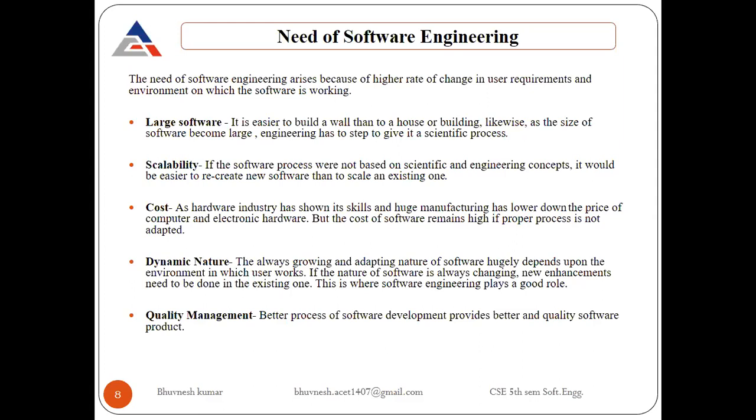We have to make a design first, check that the design can work accurately, then we go through coding, in a proper sequence. If we have a proper life cycle, then we can develop any type of large product and large software can be made.